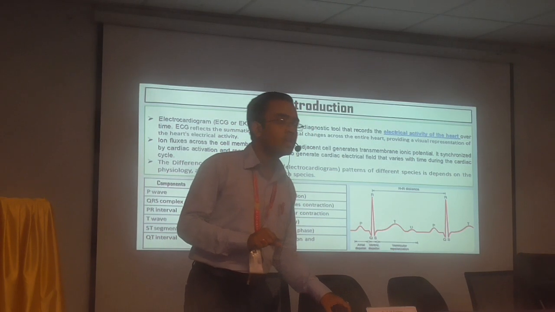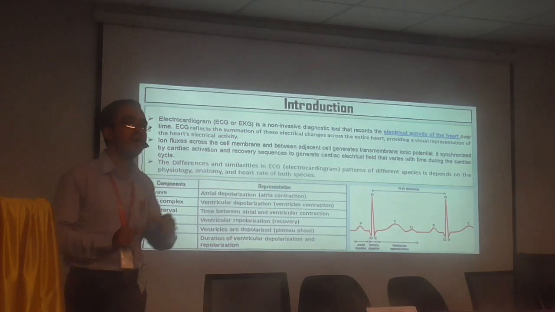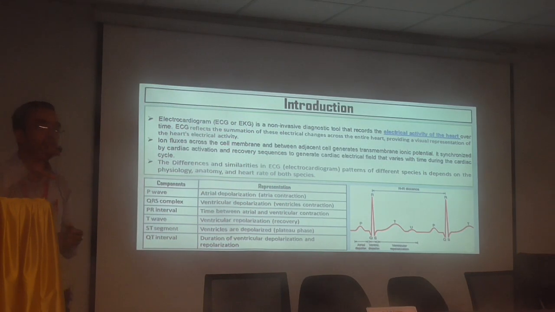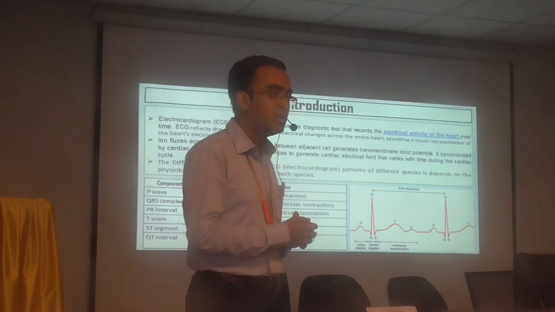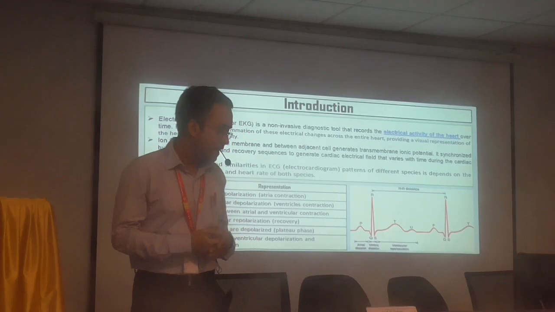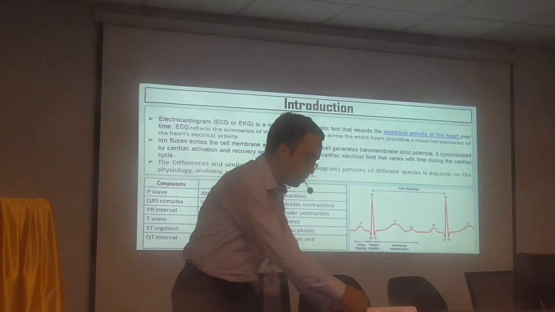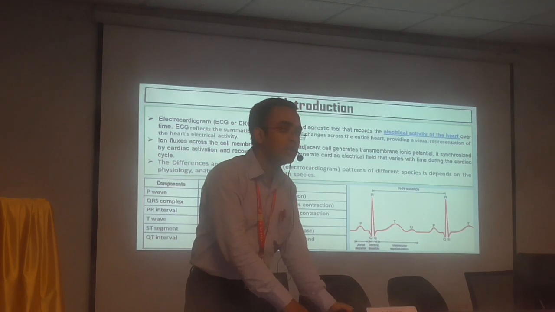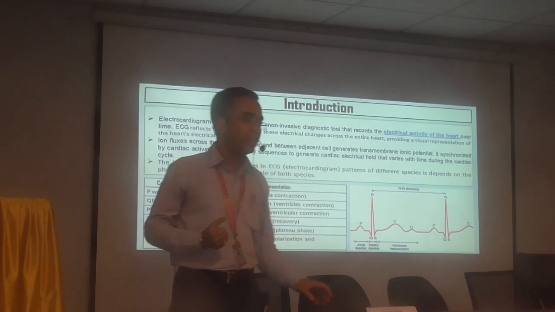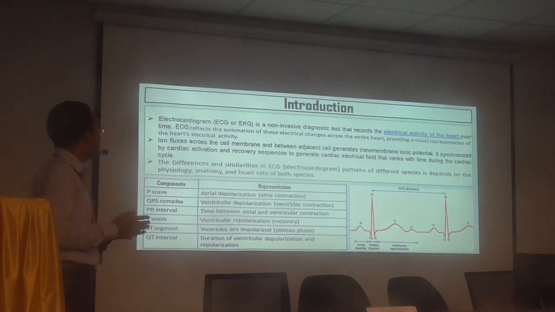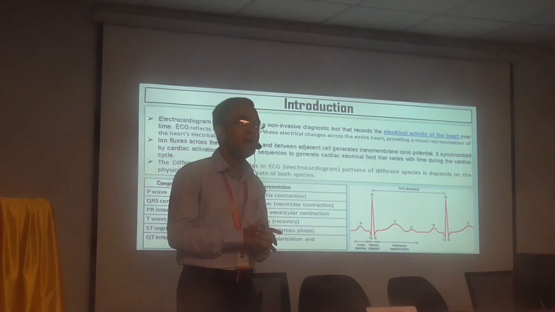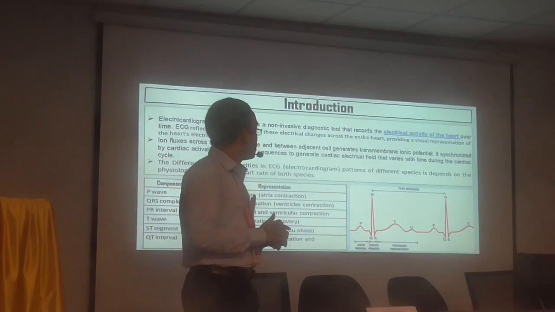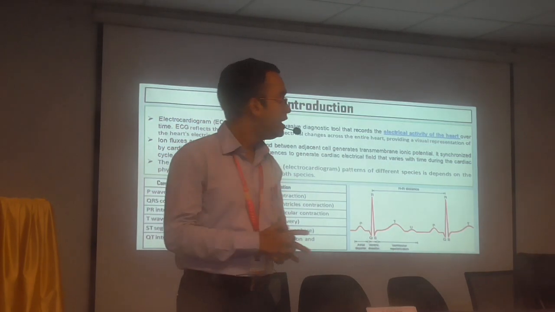That's why when the first cardiomyocyte generates an action potential, automatically in the junction of the cardiomyocytes a potential difference is generated. That is denoted as the transmembrane ionic potential, right?